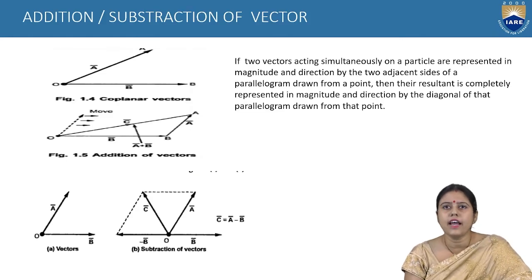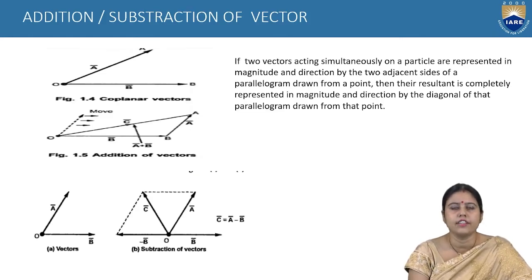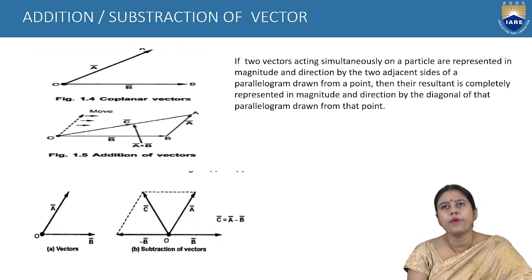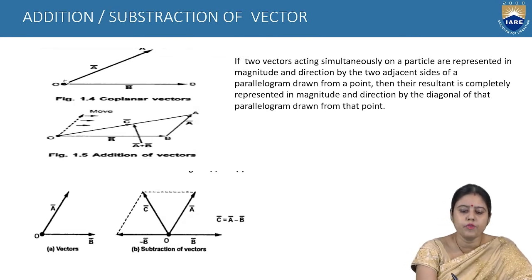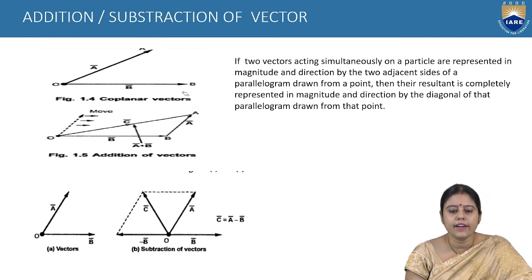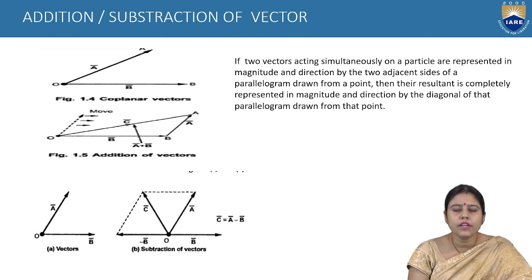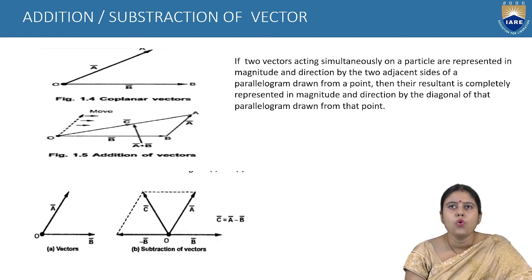Now addition and subtraction of a vector. In class 12 physics, just remember, this is a simple thing. How to add two vectors? If two vectors A and B both are acting simultaneously on a point O, what will be the resultant? How to add this?